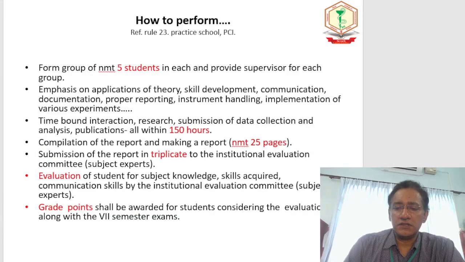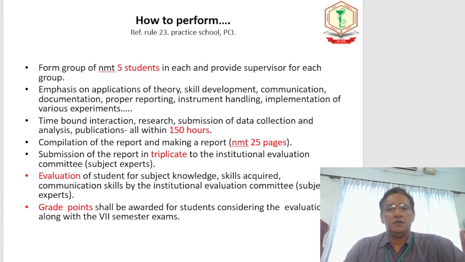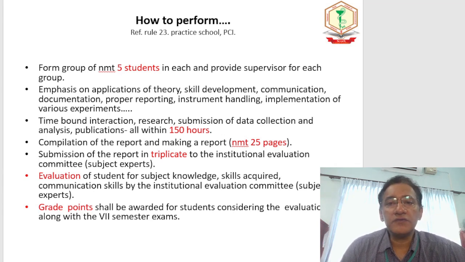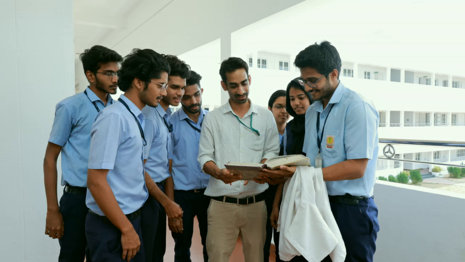It has to be noted that one supervisor can have multiple batches, but in a batch, there should be not more than 5 students. A minimum of 2 students is also needed to form a group, a batch.